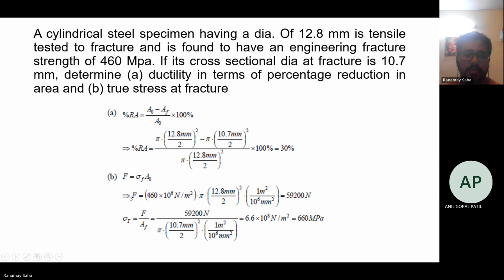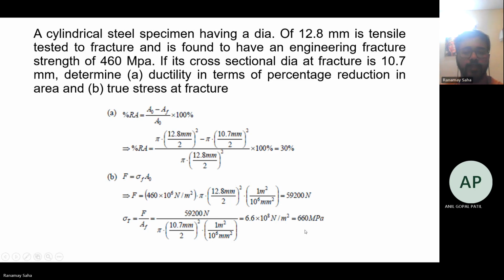So you can find the force as stress times area, with pi times the radius squared, which comes to around 59 kilonewton. Then you can find the stress considering the fracture area AF, which comes to 60 megapascal.